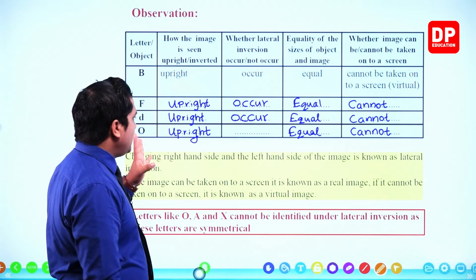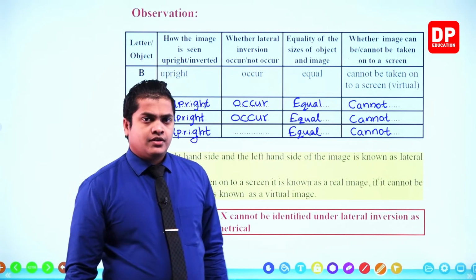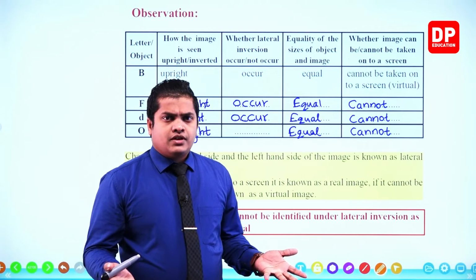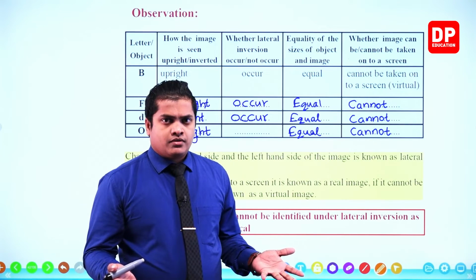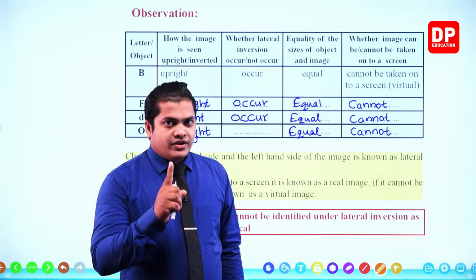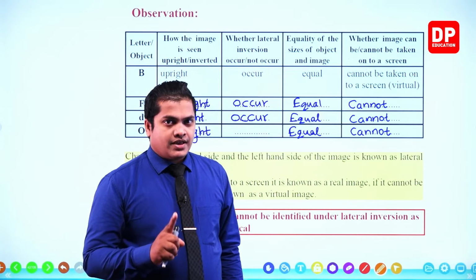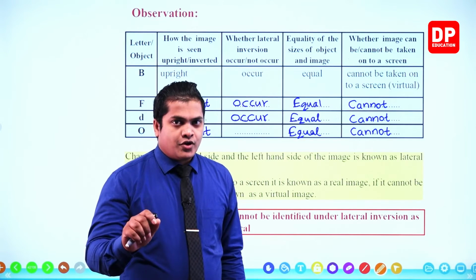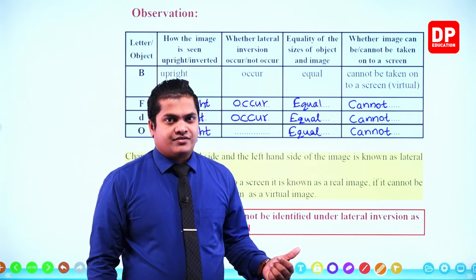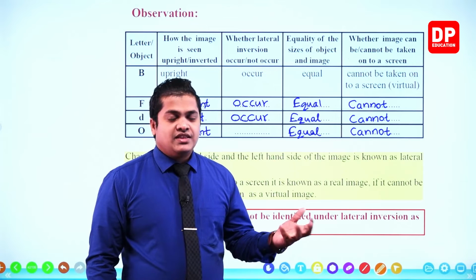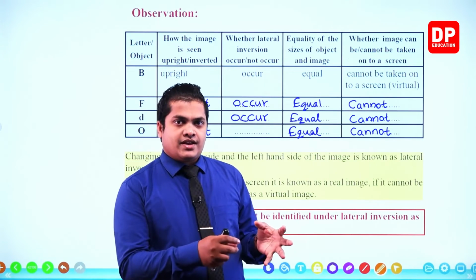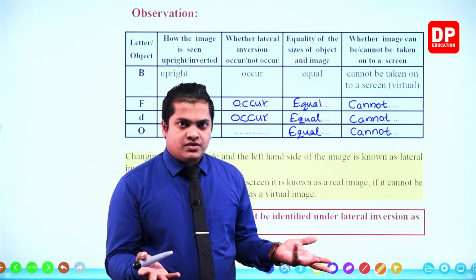But however, for letter O, my dear children, I can't say whether the lateral inversion has occurred or not. But however, when you divide it into two different planes and keep a certain dot, you can clearly observe that the dot is going to switch the direction. Within the letter, we won't be able to observe. Now, when you keep the letter directly towards it, we won't be able to observe.